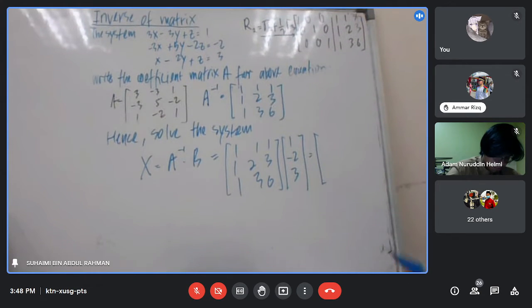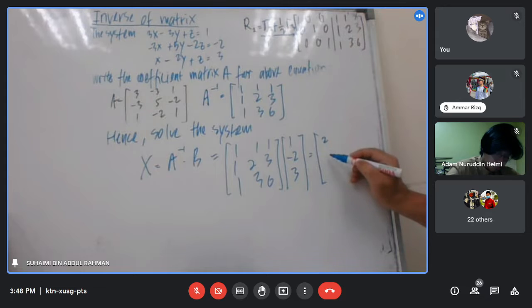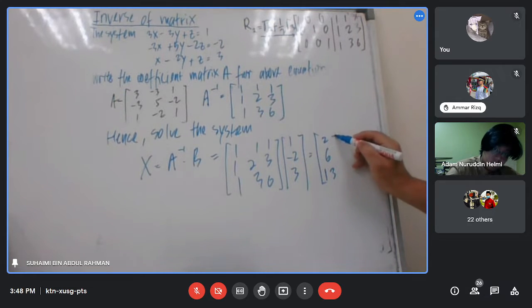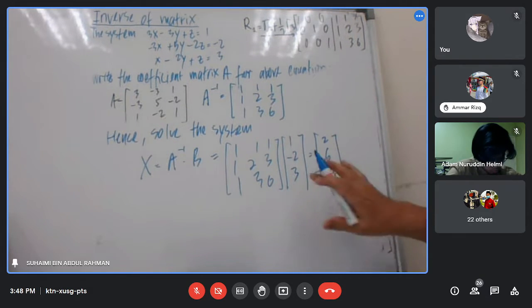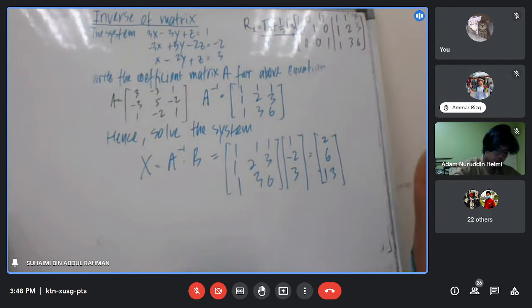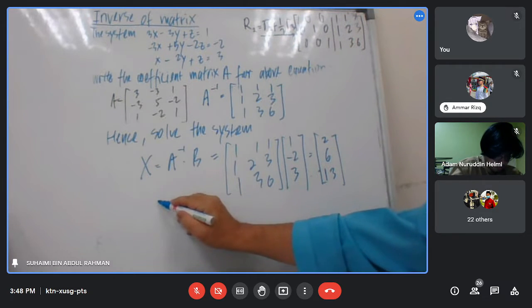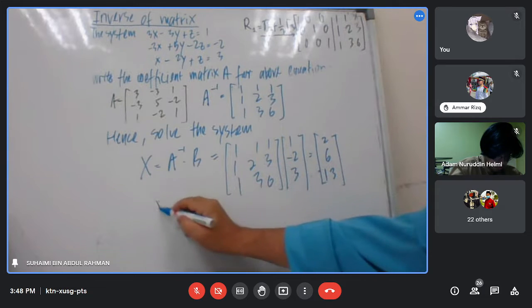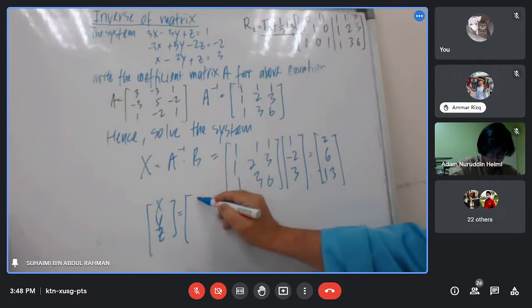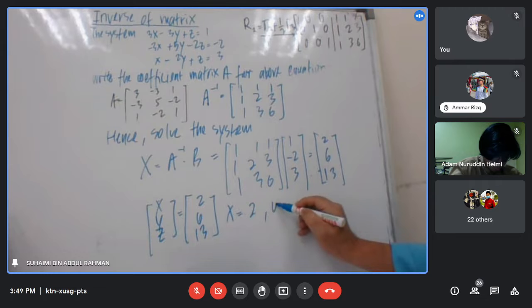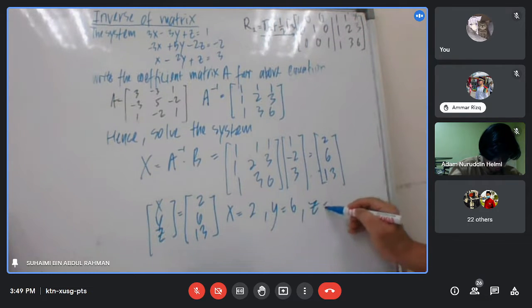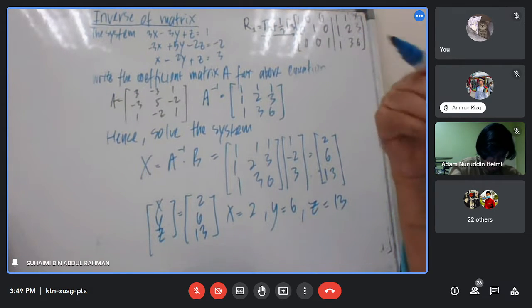So you will get 2, 6, 13. Matrix multiplication. I hope that you know matrix multiplication, because I think we're going to have a question on multiplying these two matrices. So matrix X is the matrix of 2, 6, 13. Therefore, X is 2, Y is 6, and Z is 13.